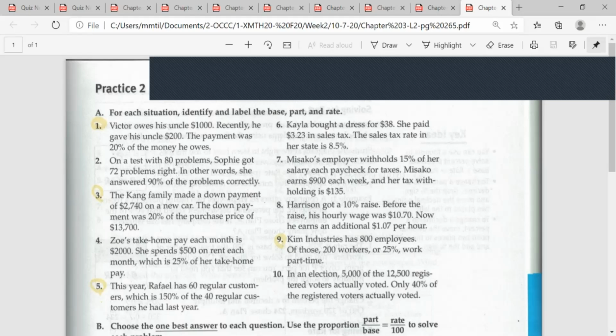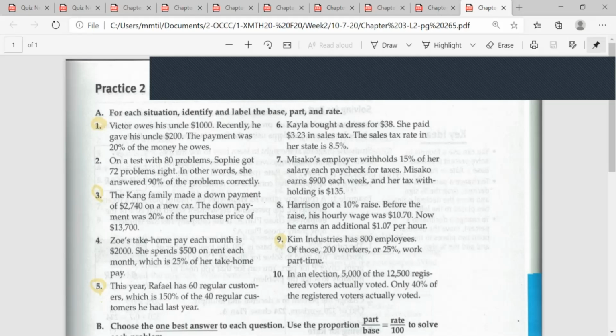Look at another one, like number 8. Harrison got a 10% raise. Before the raise, his hourly rate was $10.70. Now he earns an additional $1.07 per hour. So what's the base? 10.70. Yeah, 10.70.